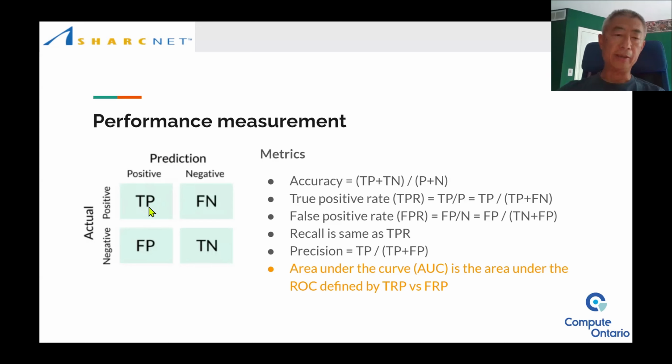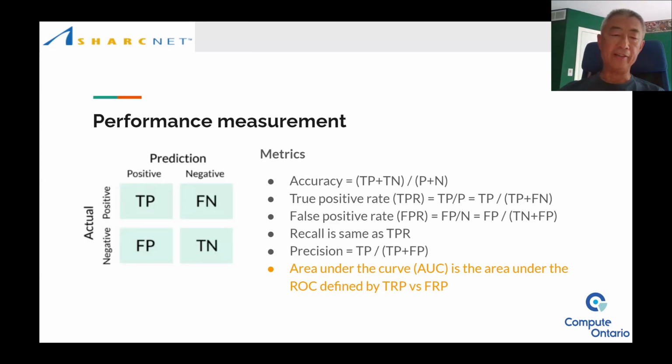So here TP means true positive. It is the number of positive samples that are correctly classified by the model. And FN is the false negative, which is the number of positive samples that are misclassified as negative samples.